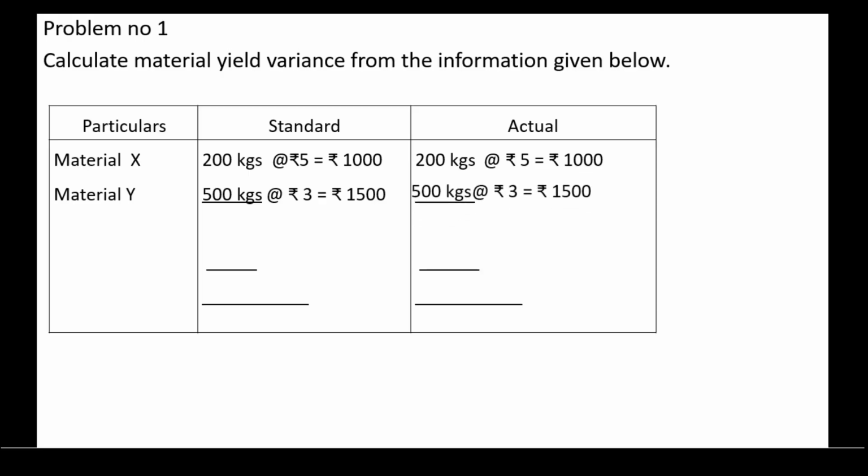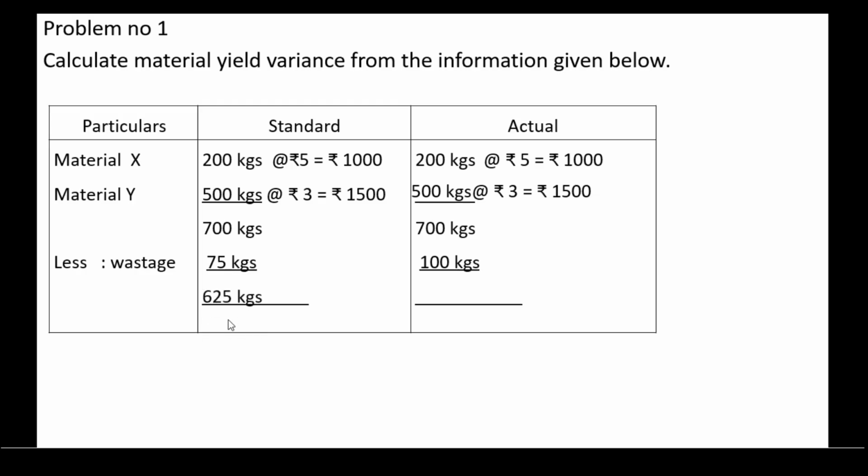Actual: 500 kgs at rupees 3, rupees 1500. Total 700 kgs, and 700 kgs. Less wastage: standard 75 kgs, actual 100 kgs.